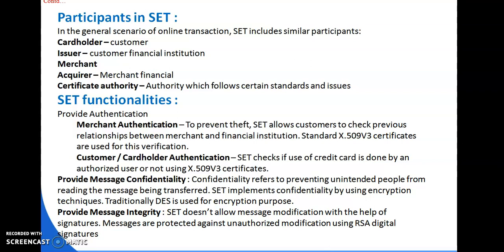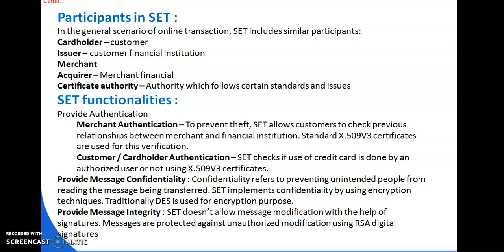SET functionalities: provide authentication, merchant authentication, and cardholder authentication. To prevent theft, SET allows customers to check the previous relationship between the merchant and financial institution. For cardholder authentication, SET checks if use of a credit card is done by an authorized user or not using X.509 v3 certificates.